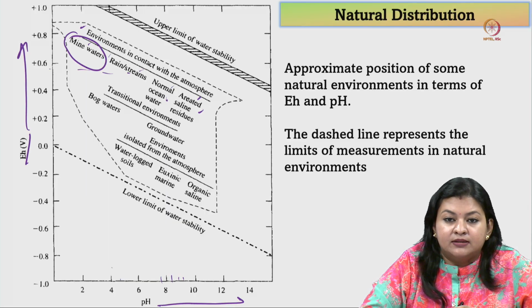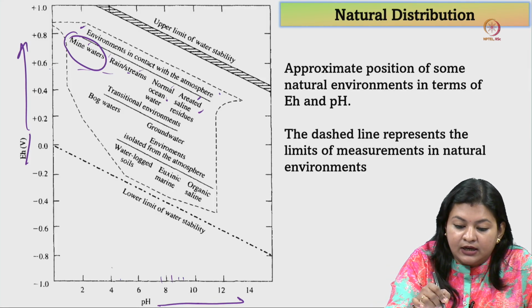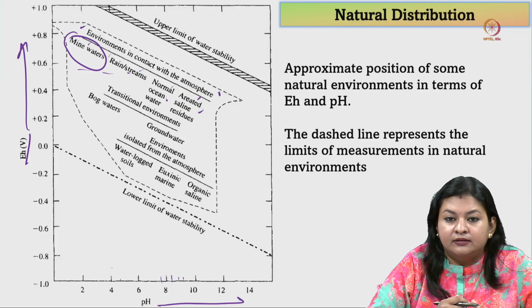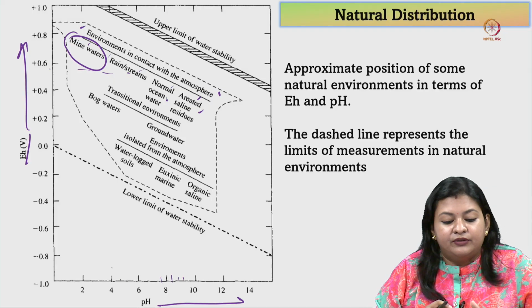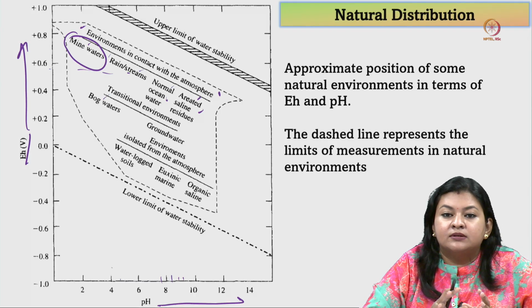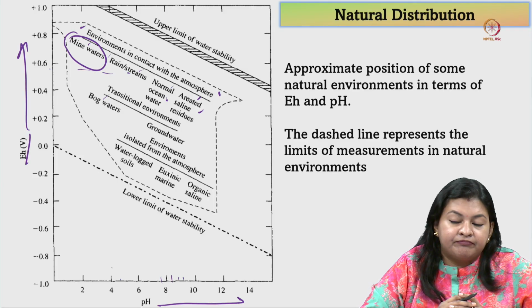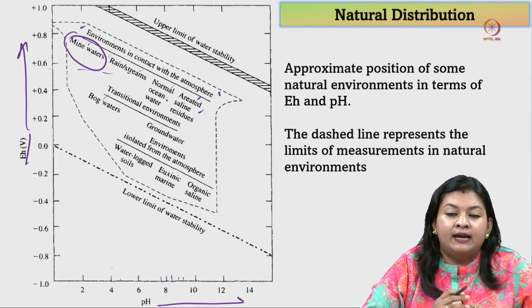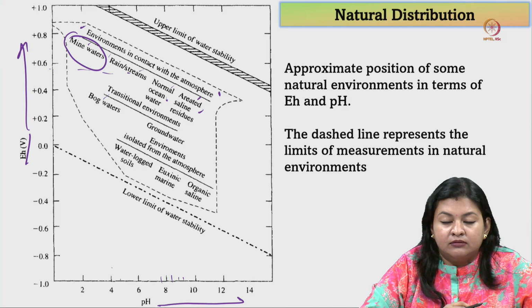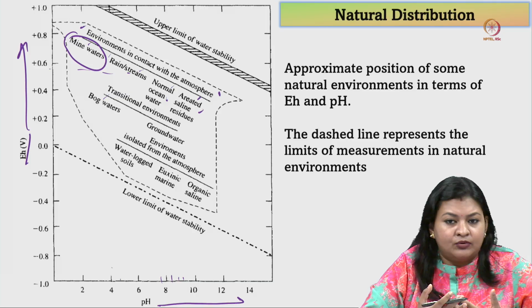Transitional environments. Here you are moving from direct atmospheric contact to lower atmospheric contact. Bog waters means swamps, bogs, wetlands, those kinds of water which may not exchange as much oxygen as they are supposed to.